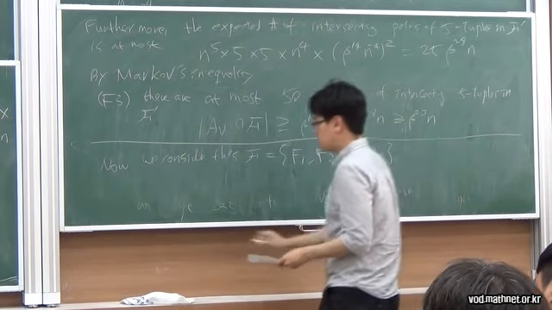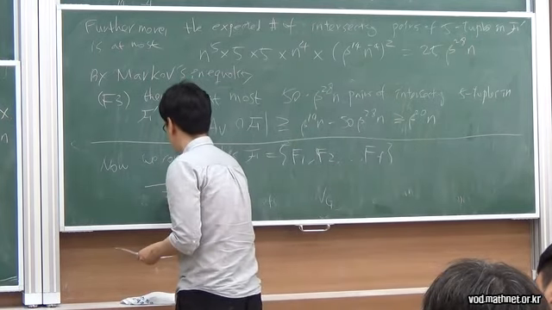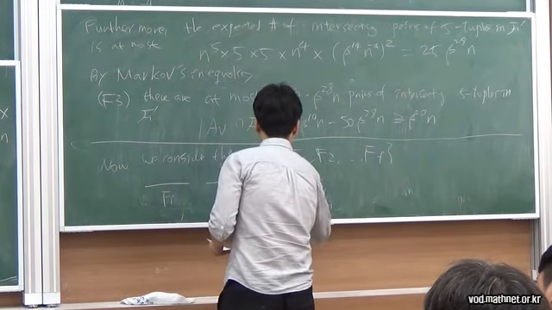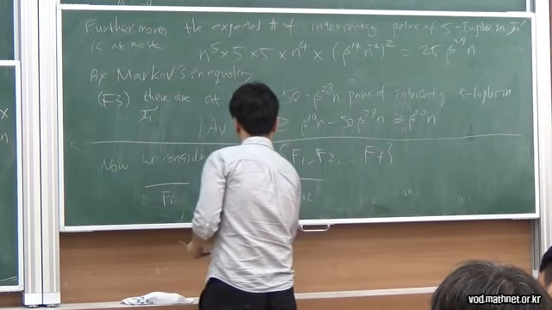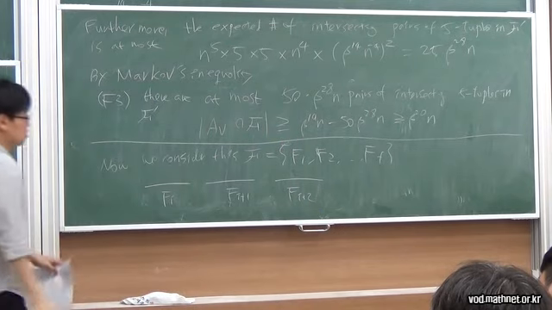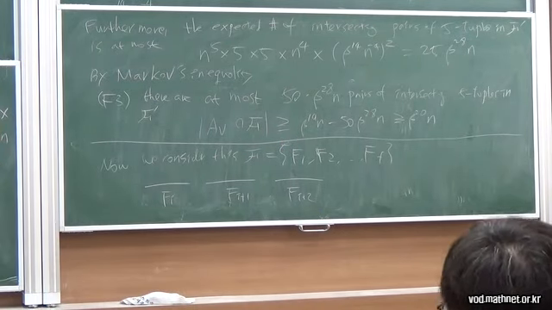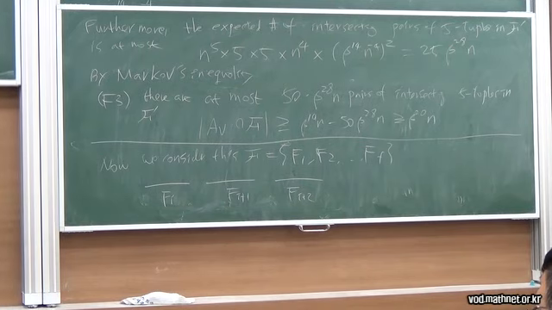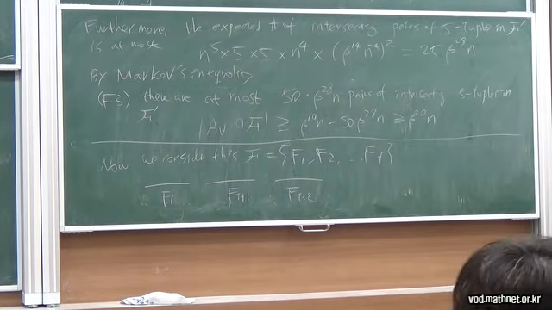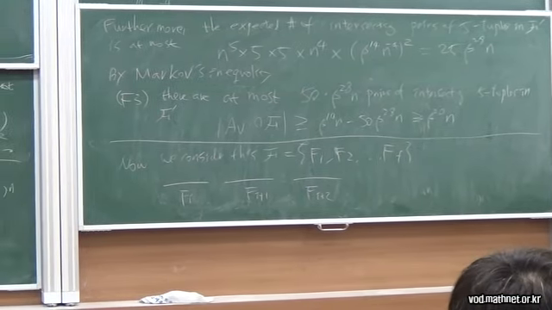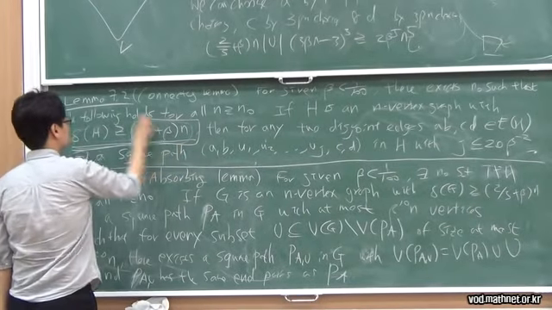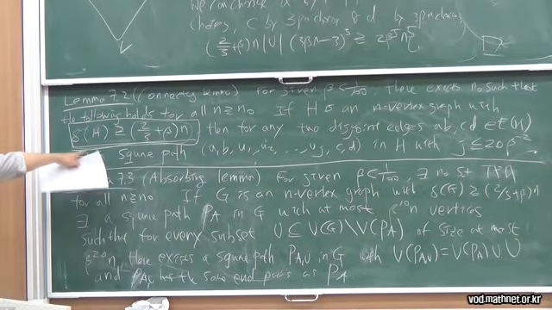And for each F i plus 1 and F i plus 2, what we do is we use the connecting lemma. The connecting lemma says that if we specify two tuples, then we can connect them by a path. But while doing that, the only property that we need is this.